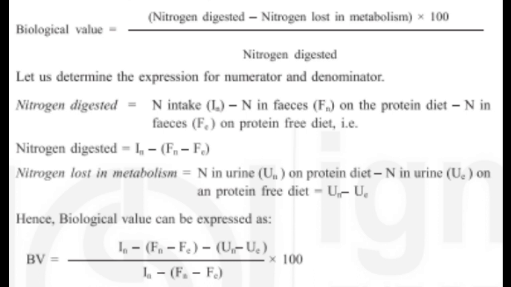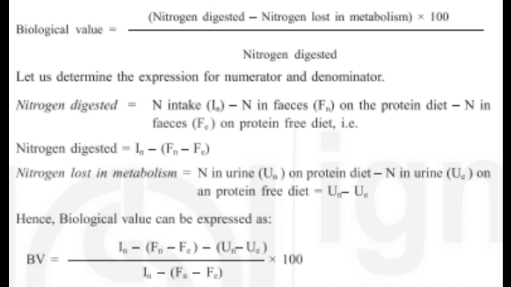For the determination of the digestibility coefficient, therefore, the data on food nitrogen intake, IN, total fecal nitrogen excreted, FN, and endogenous fecal nitrogen, FE, are required. The digestibility coefficient can thus be calculated using the formula: digestibility coefficient is equal to 100 into N intake minus N in feces minus endogenous fecal N upon N intake, which is equal to 100 into IN minus FN minus FE upon IN, where FN minus FE is the food nitrogen lost in digestion.